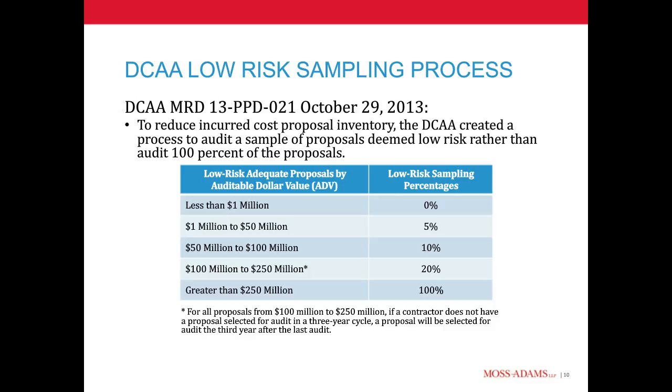So 95% of the incurred cost submissions, if they're in this low-risk grouping, would not be audited at all. And so DCAA would just say that they met their responsibility because they applied this risk assessment approach. And so it ultimately resulted in thousands and thousands of incurred cost claims that are not being audited by DCAA.